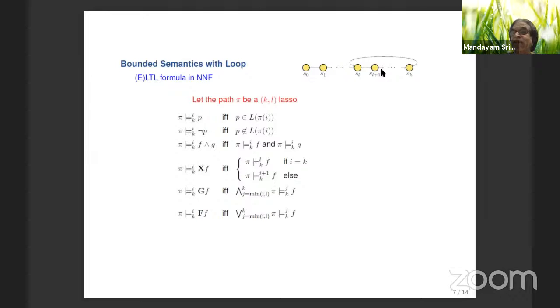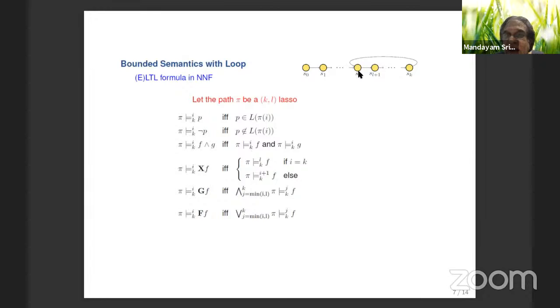So if it is somewhere in here, as long as it is true all the way from sl to sk, since you know that after sk it will start repeating from sl. Therefore, you take the minimum of i and l. We are all defining starting from i.